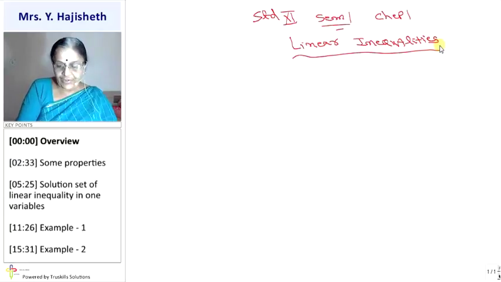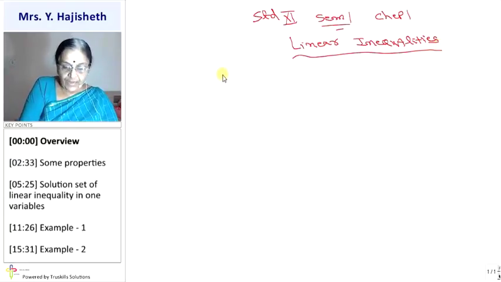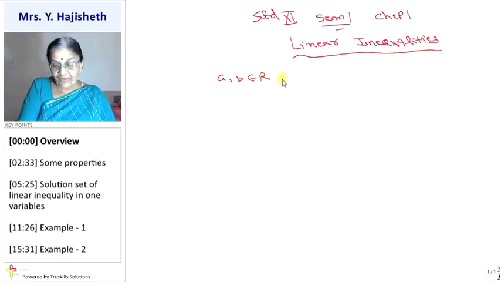Suppose you are given a, b belongs to R. Then there are three possibilities between two real numbers.